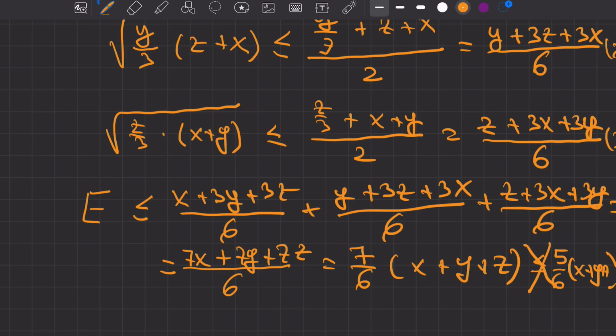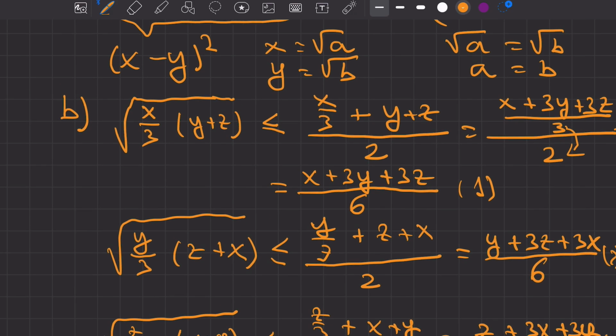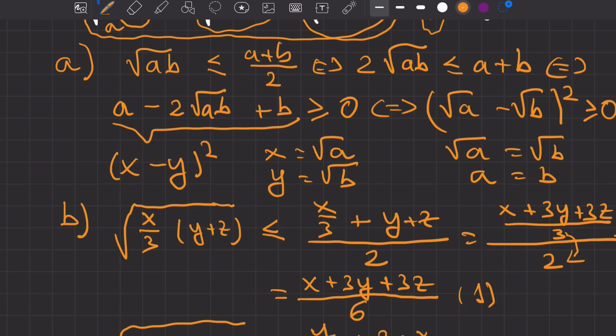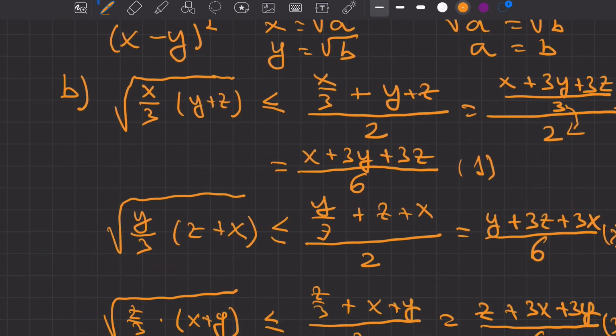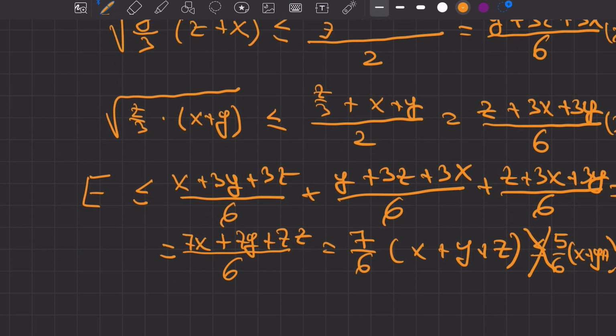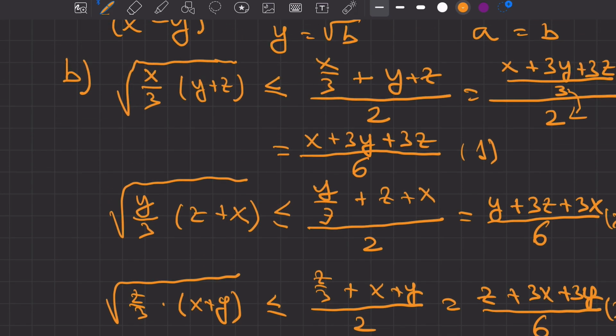So I just gave you an example of what would happen if we had taken the wrong approach and chose x over 3 instead of choosing x as A and y plus z over 3. So let's erase everything so we go in the right direction.